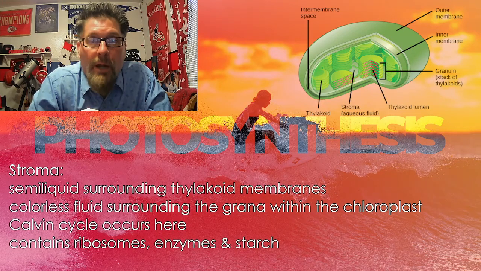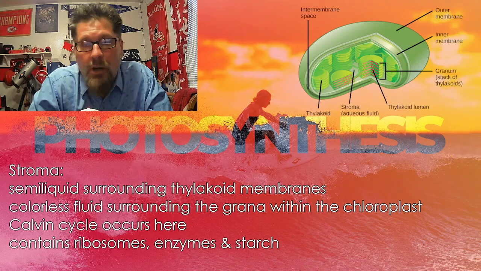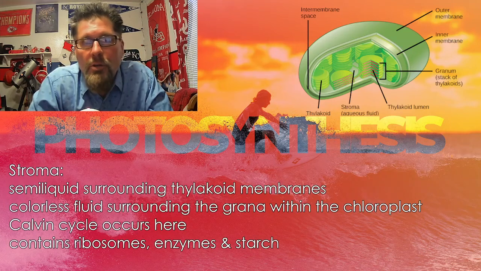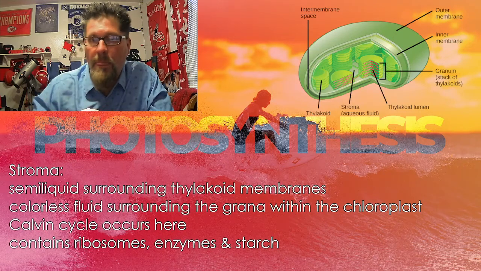So within the chloroplast, which is making the sugars, you've got starches being broken down. Maybe broken down is not the right word, but starch that is used for the energy needed to get all this stuff done.